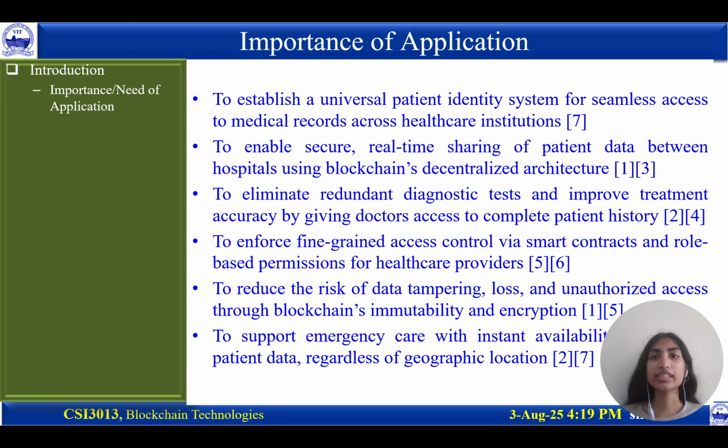And finally, this system is designed to support emergency care by allowing instant access to verified patient data regardless of geographical location. In essence, this approach advances patient safety and privacy by bringing us closer to a more connected, efficient, and resilient healthcare system.